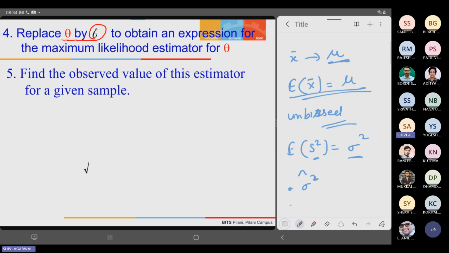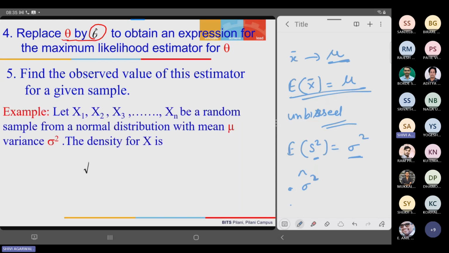Now, when some sample values are provided, we just plug the values into the obtained formula and we can find our maximum likelihood estimate. Correct? Any query in the theory part?